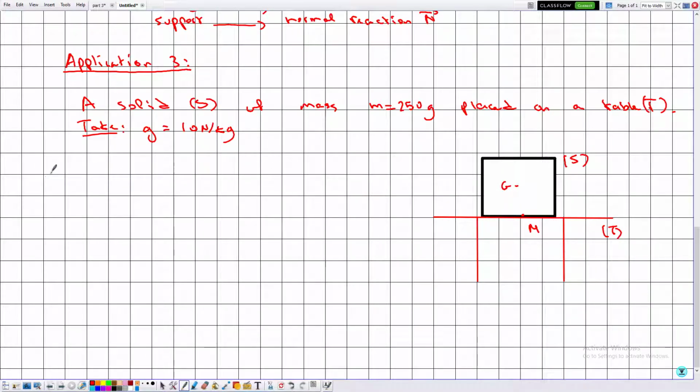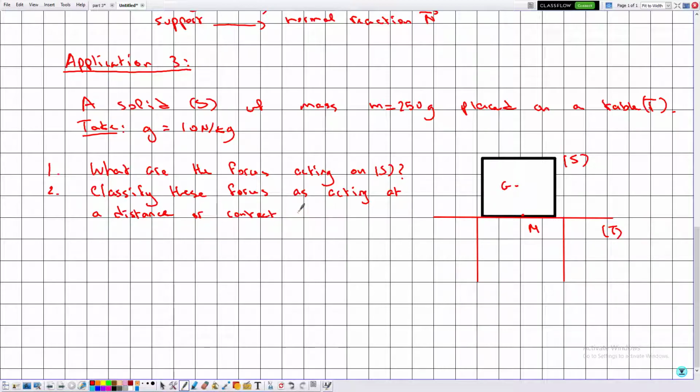And now let me pose the following questions. Number 1, what are the forces acting on S? Number 2, classify these forces as acting at a distance or contact force.